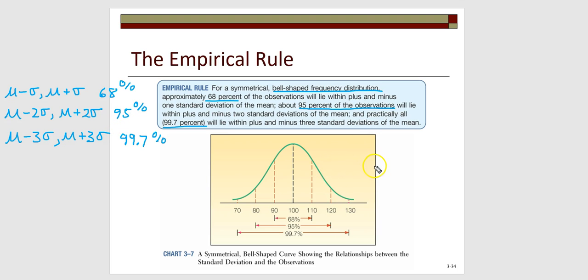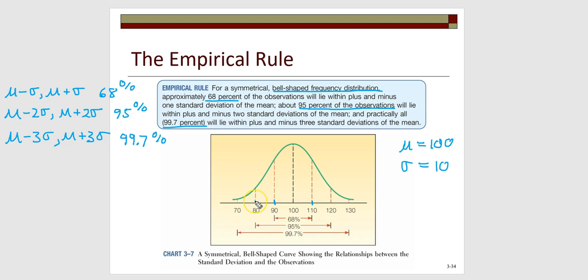Now down here we have a little graphic illustrating this. So for this data set that we have graphed down here, the green curve, the mean is 100 and the standard deviation is 10 in this case. So if you move away 1 standard deviation from the mean, so if you go between 90 and 110, about 68% of all your data will be between those two numbers.